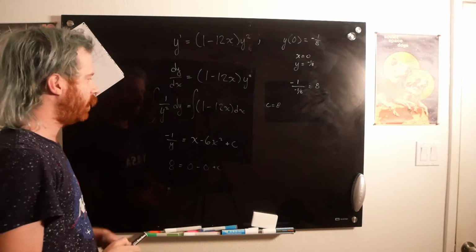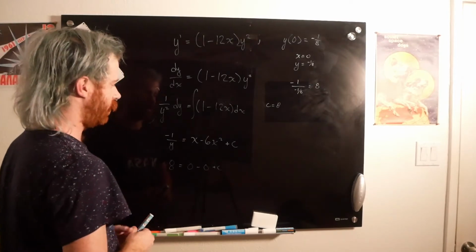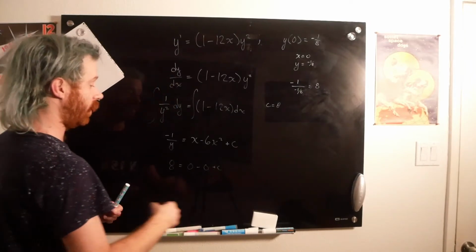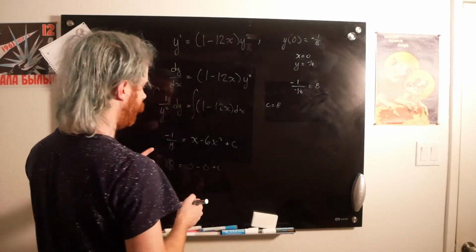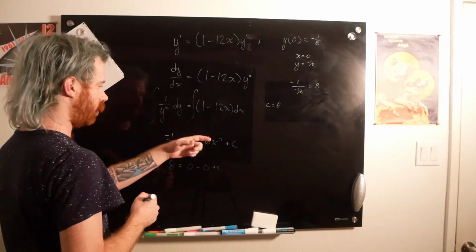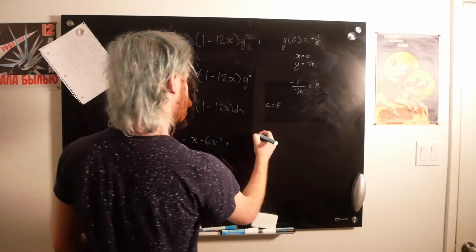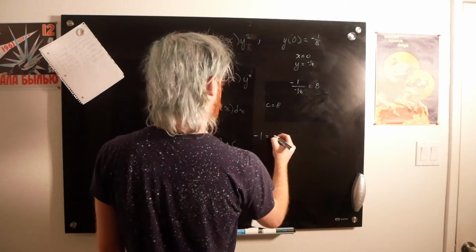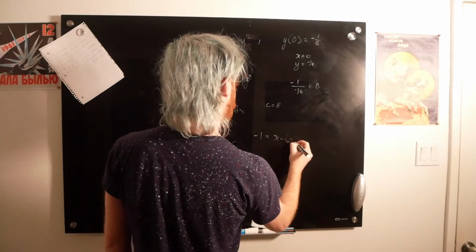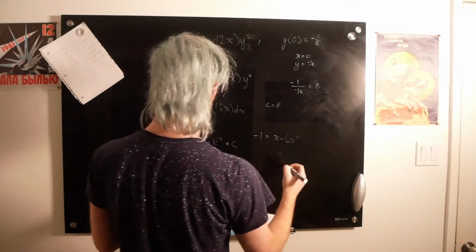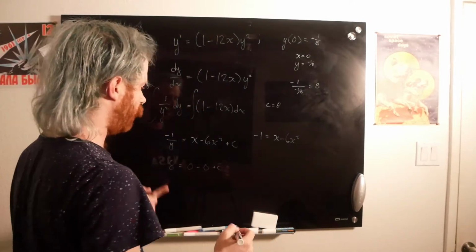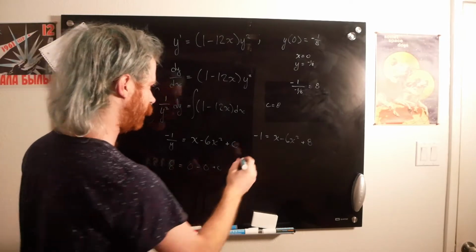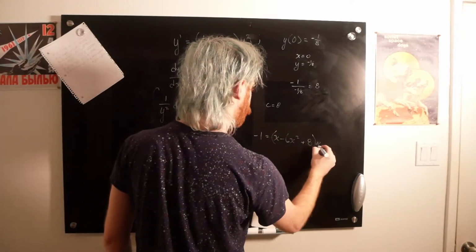So now that we know that c equals 8, let's solve this equation for y. We're going to multiply by y on each side, right? So we'll have negative 1 equals x minus 6x squared, and we'll plug in 8 for c, plus 8, and then that's multiplied all by y.